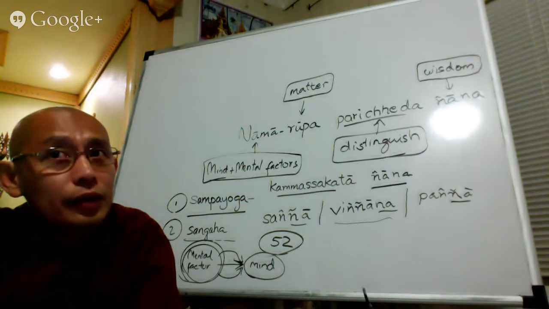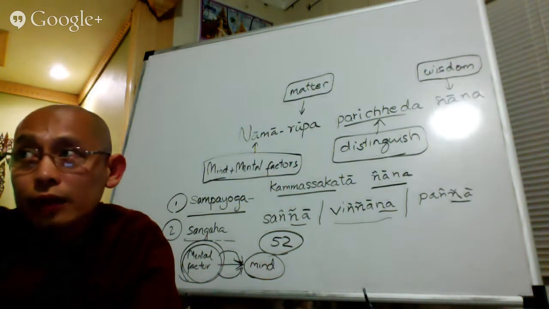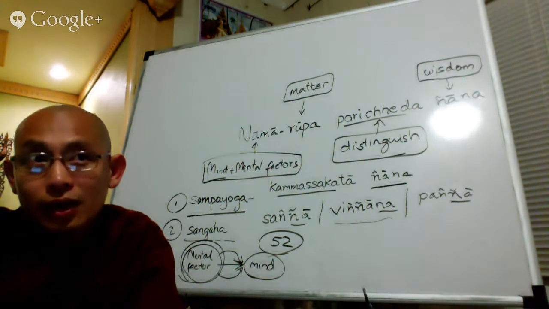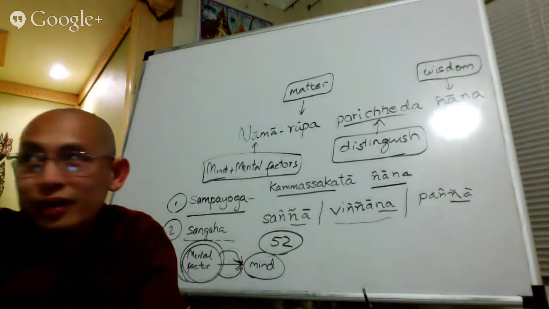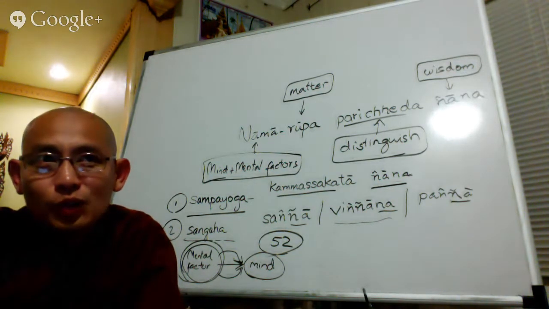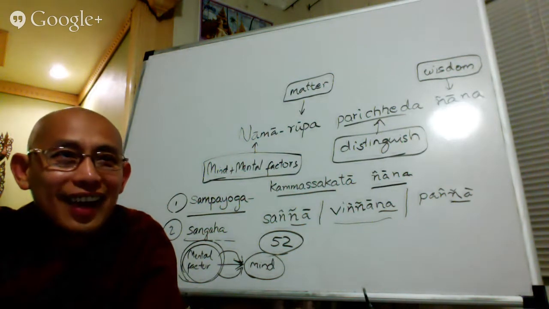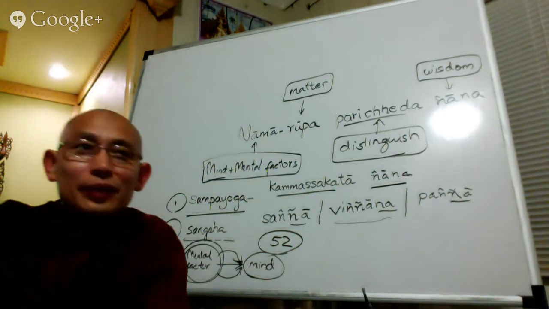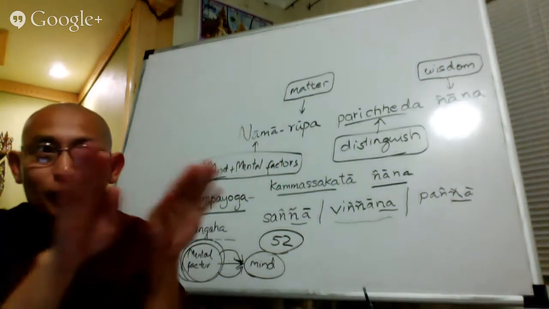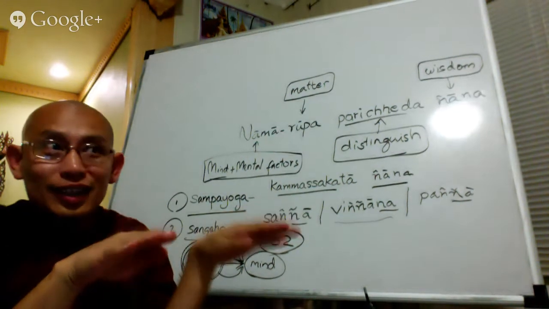There are 5 jhana factors. We already learned. What are they? Vitaka, vichara, piti, sukha. Don't confuse them with the particular manifestors, the occasional manifestors, and the jhana factors.